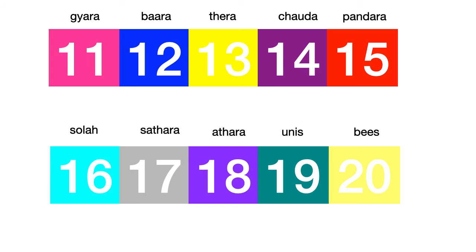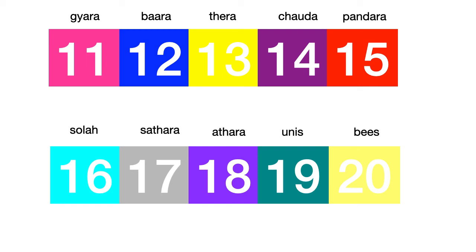11 is gyarah, 12 is barah, 13 is terah, 14 is chaudah, 15 is pandrah, 16 is solah, 17 is satrah, 18 is atharah, 19 is unnees, 20 is bees.